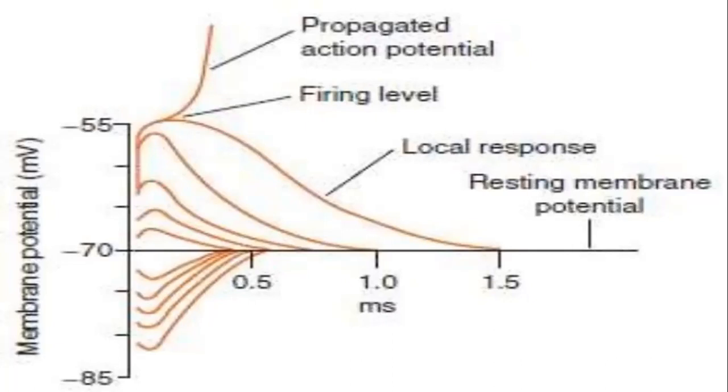Hyperpolarizing responses elevate the threshold while the depolarizing potentials lower it, as they move the membrane closer to the firing level. During the local response, the threshold is lowered, but during the rising and much of the falling phases of the spike potential, the neuron is refractory to stimulation.